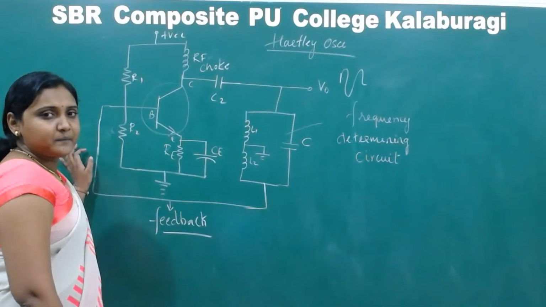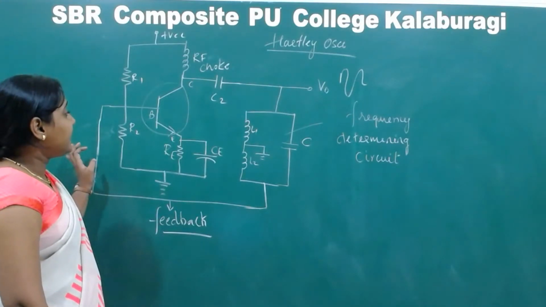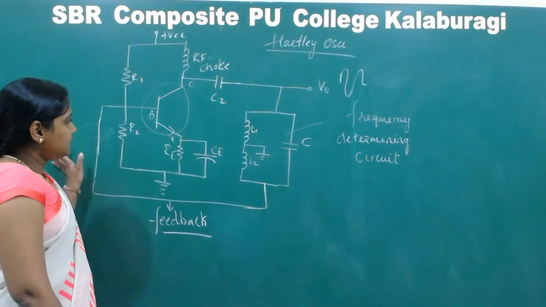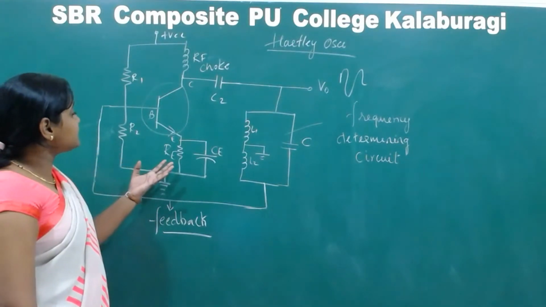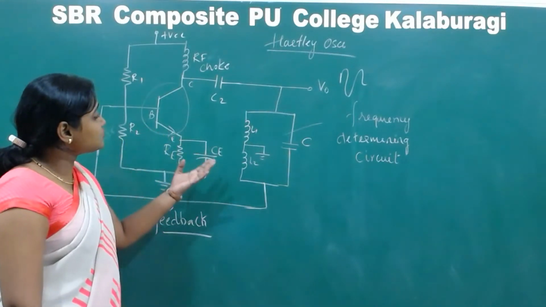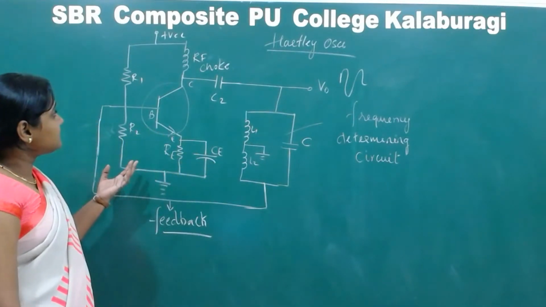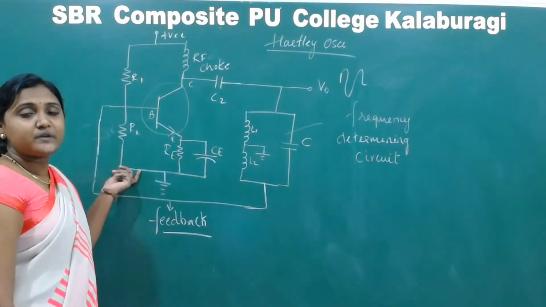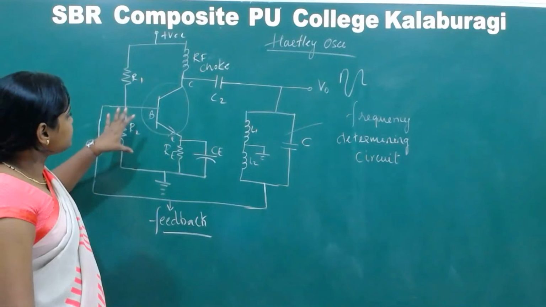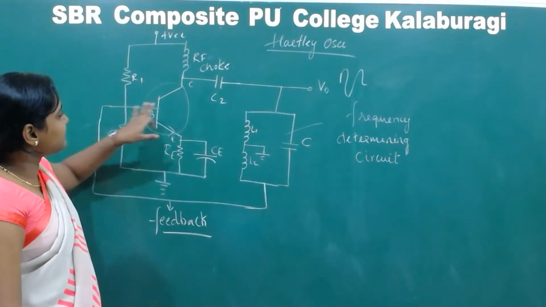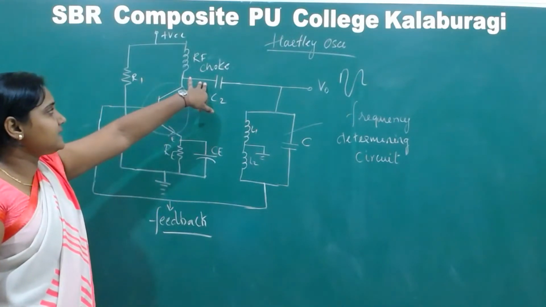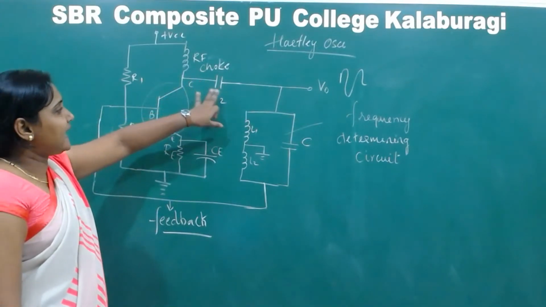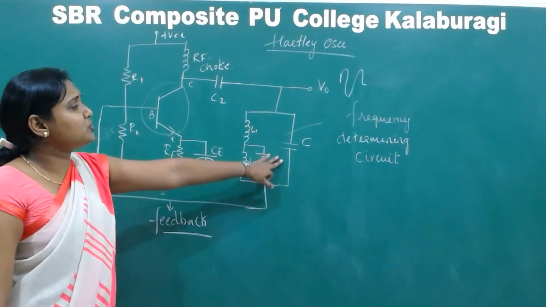Basically, noise is picked up. There are so many resistors, so many conducting wires, and so many other components present here, through which a very small amount of noise can easily be generated. That noise reaching the base terminal of the amplifier will be amplified and is available at the collector output, where it is fed to the capacitor.